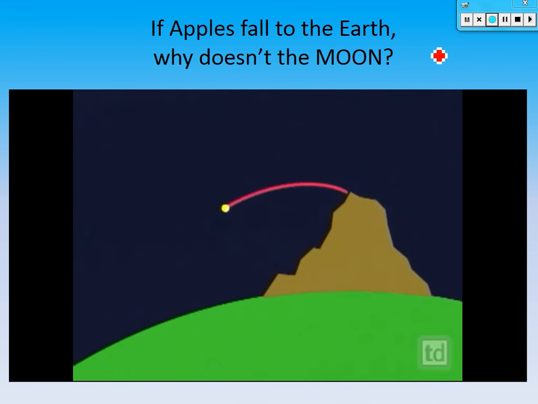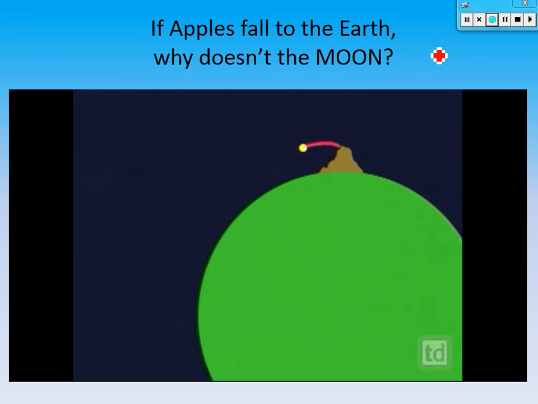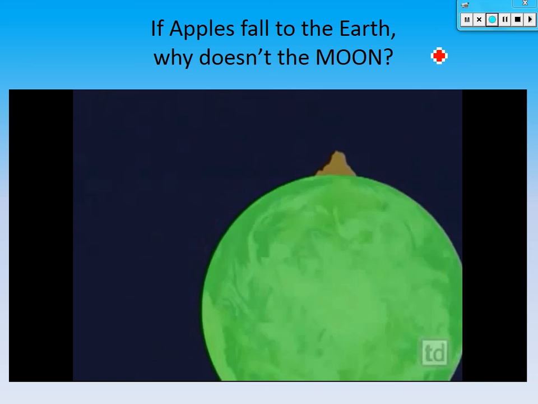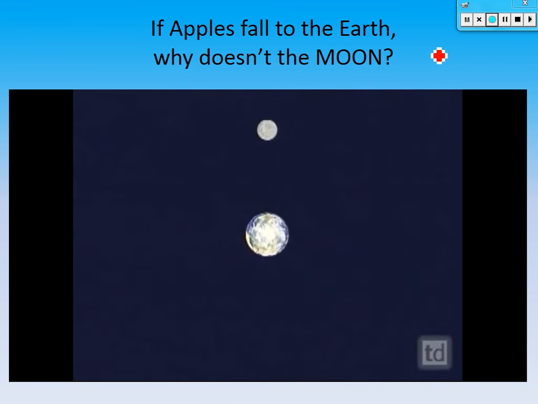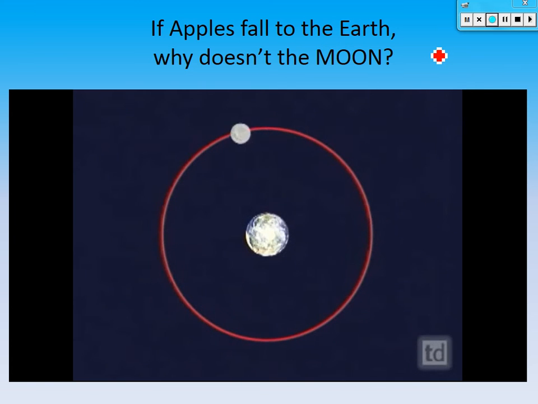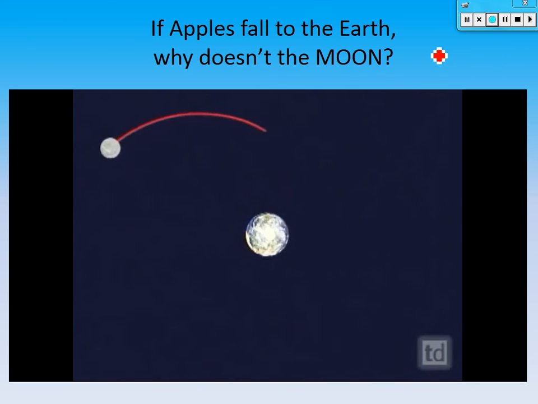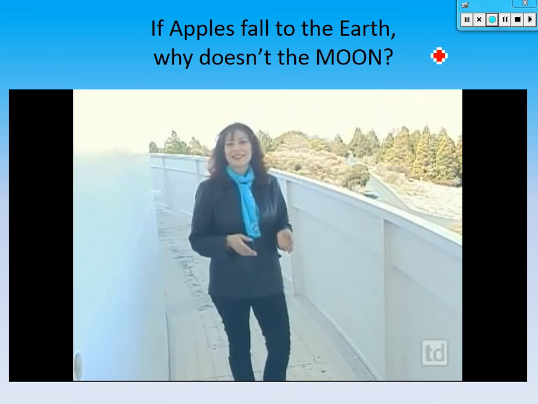The moon is so far away and moves so fast that down is never in the same direction. Even though it's constantly falling, the moon never hits the Earth. Instead, it falls around the Earth in a continuous circular path. If the moon were moving a lot faster, it would escape Earth's gravity and fly off into space. If the moon were moving more slowly, gravity would pull it down to the Earth.